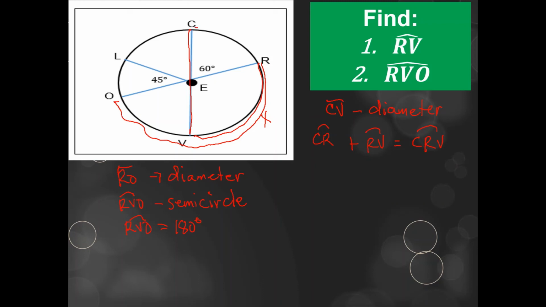This CR here measures 60 degrees because the central angle is 60 degrees. So CR is 60 degrees and RV is X. And CRV is 180 degrees because it is a semicircle. So we can now solve for X, that is 180 minus 60, which is equal to 120 degrees. Since X represents arc RV, it means arc RV measures 120 degrees.